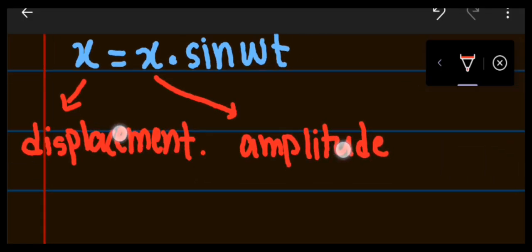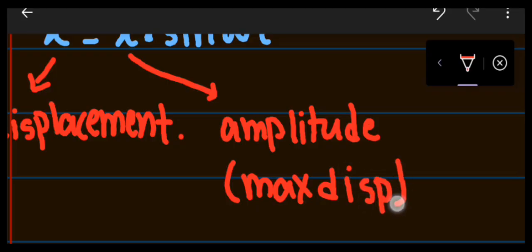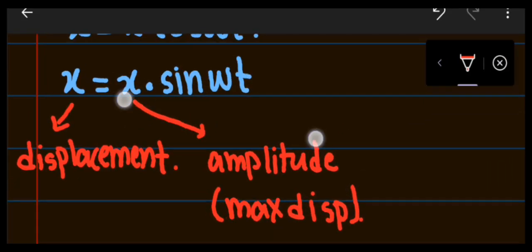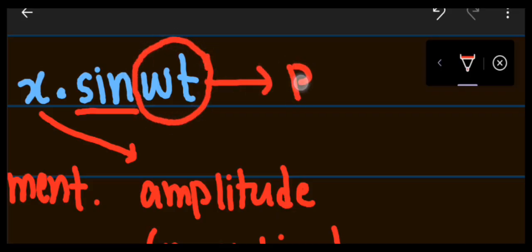Amplitude is the maximum displacement. Maximum displacement is known as amplitude. And this is sine omega t. Now sine and cos are according to that graph, but here omega t is the phase angle.